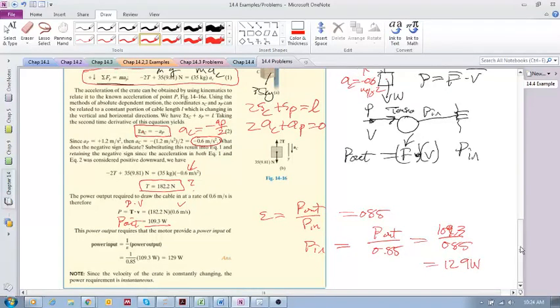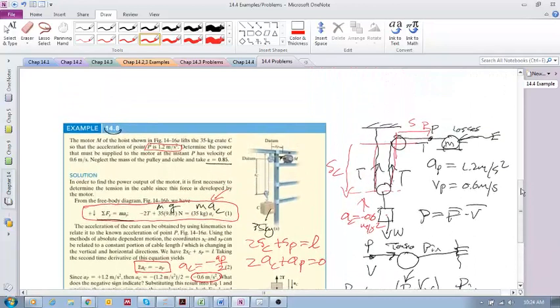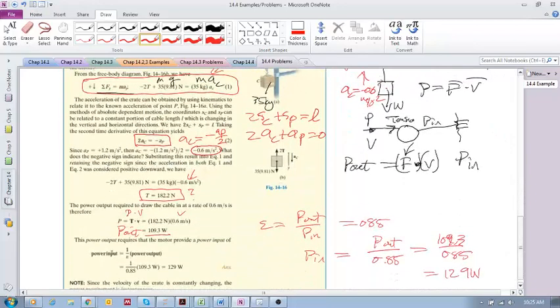I hope that makes sense, guys. Again, you need to look at this critically. Your power in will always be higher than your power out. Okay? Power in is always greater than power out. So if you go and do this calculation and you get your power in to be lower than your power out, or that you're getting more power out than putting in, then you've made a mistake.